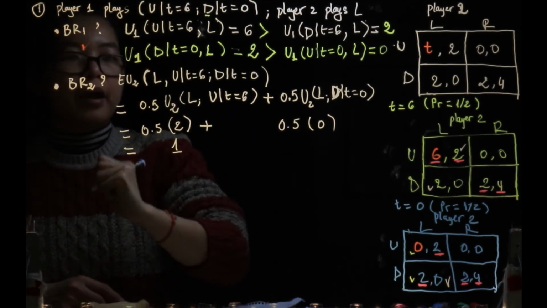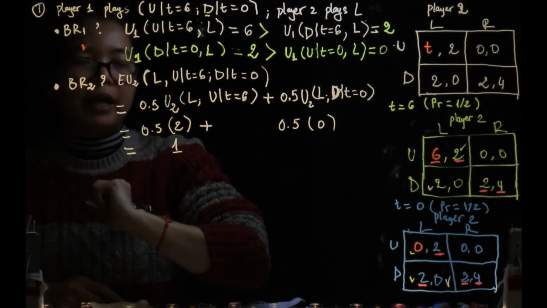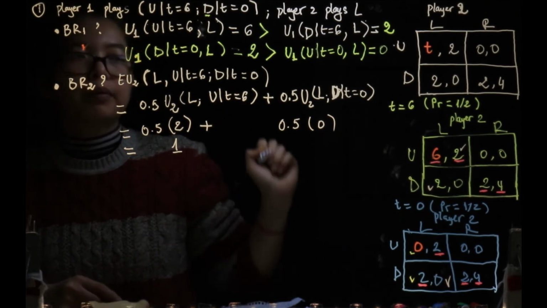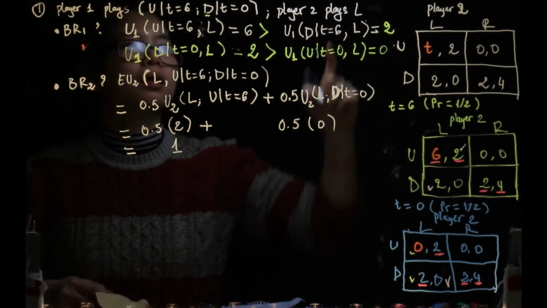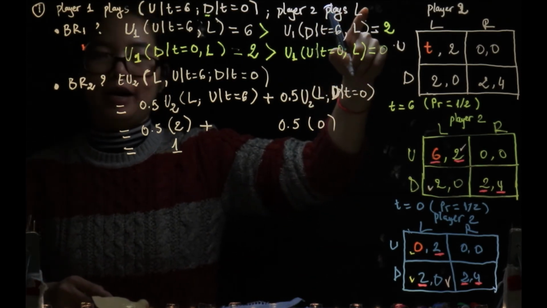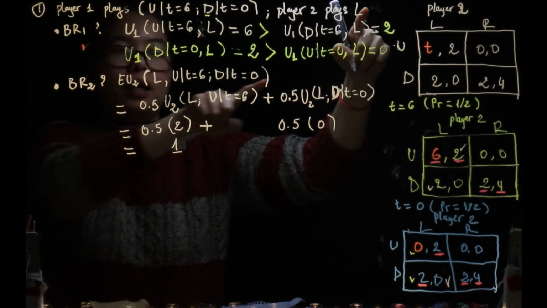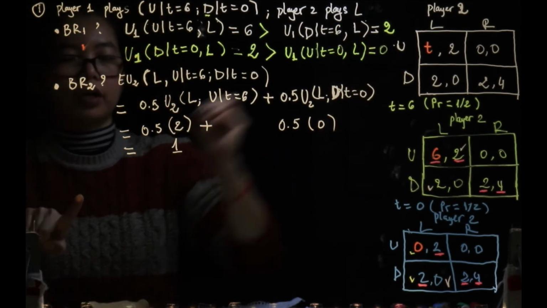Now we compare with the expected payoff when player 2 had played the other strategy. Here we calculated left and now we turn to right.